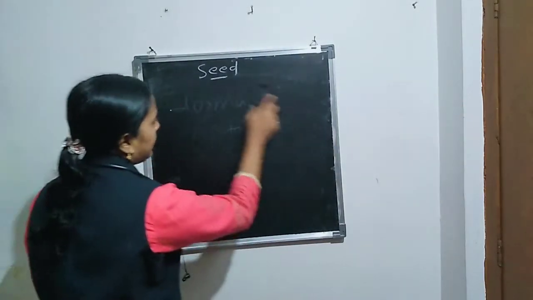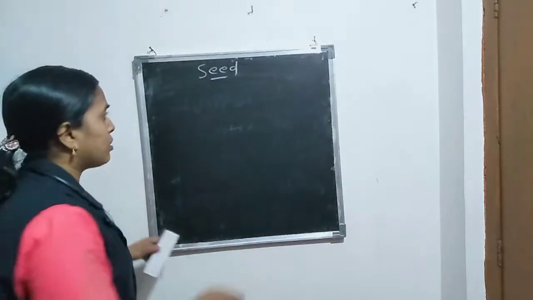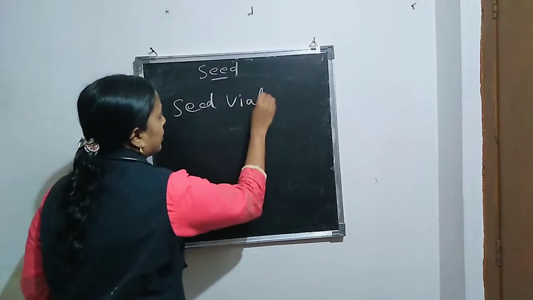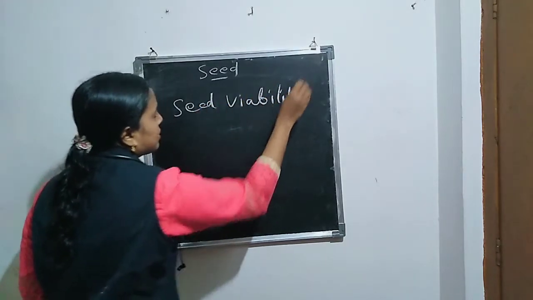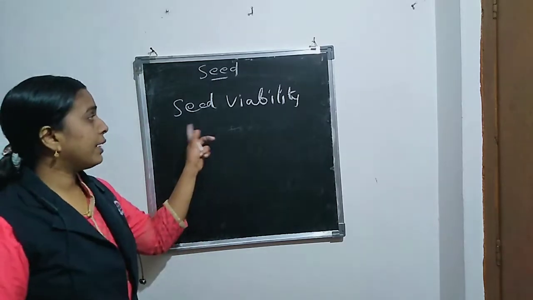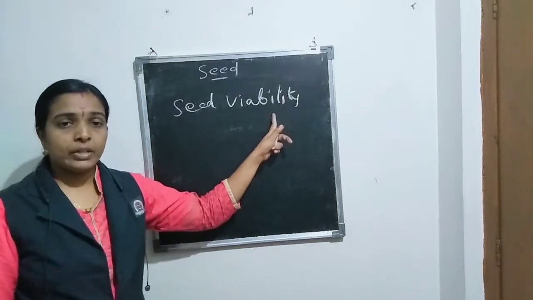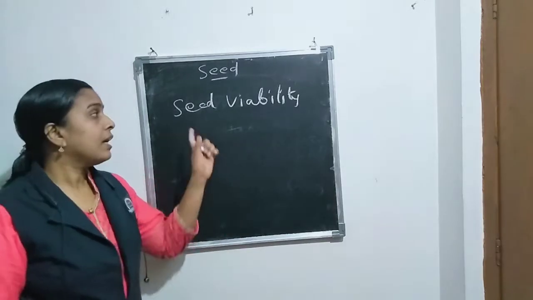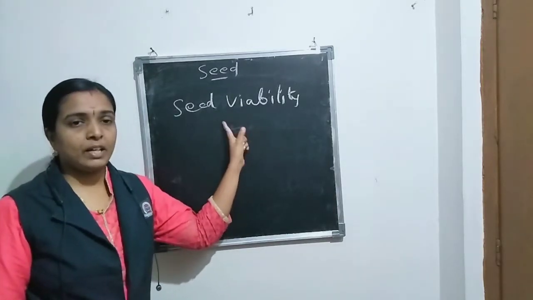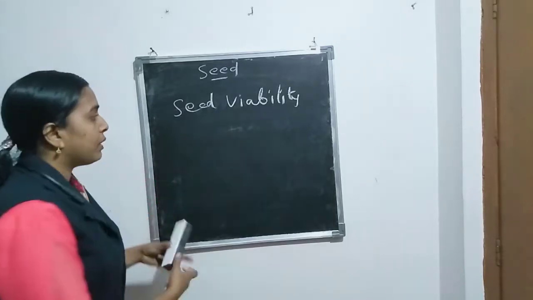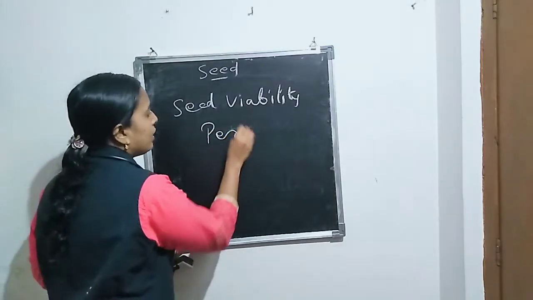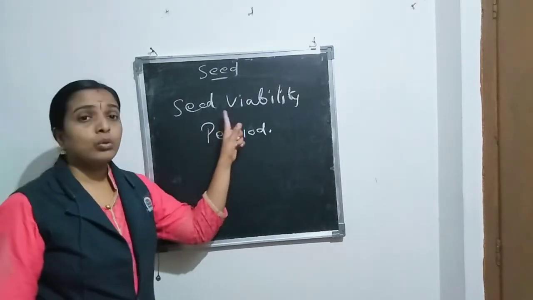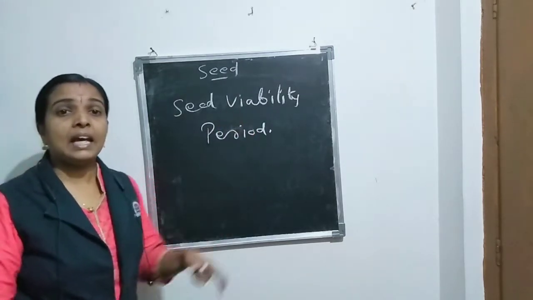Then the next term related to the seed is known as seed viability. We already discussed pollen viability. The same thing applies here. Viability is a time period: how long do the seeds remain alive?